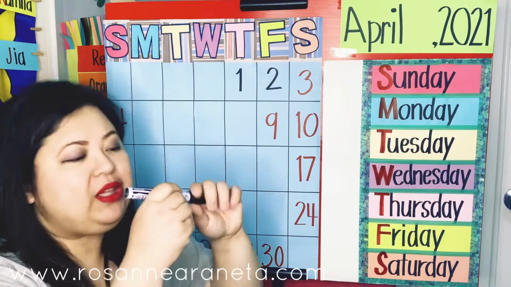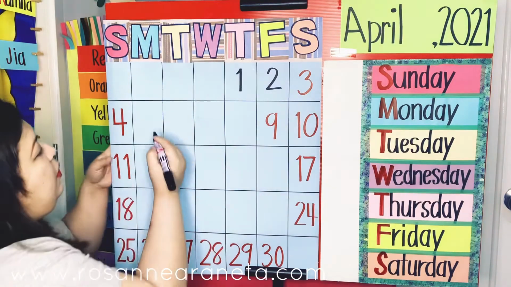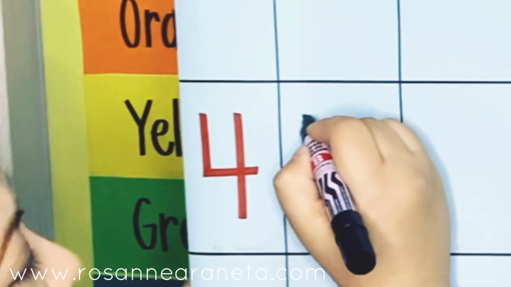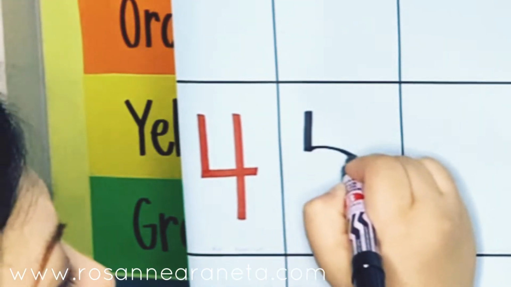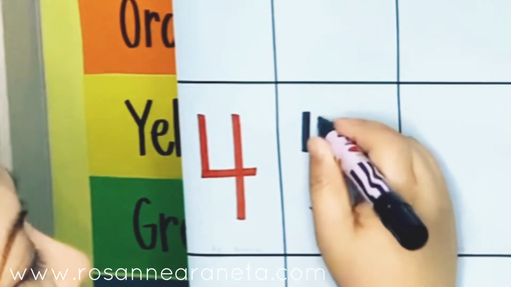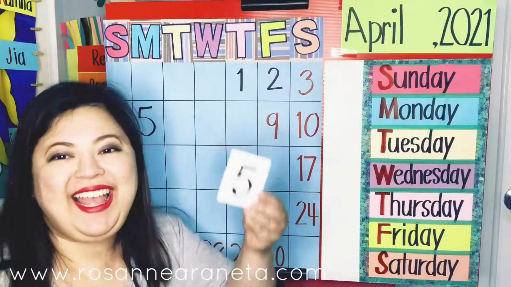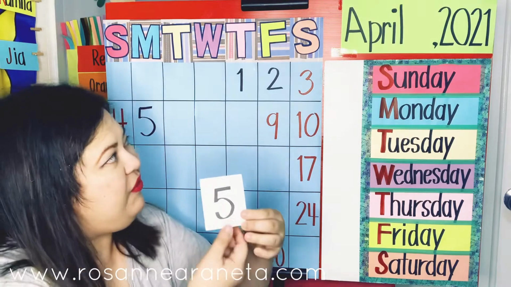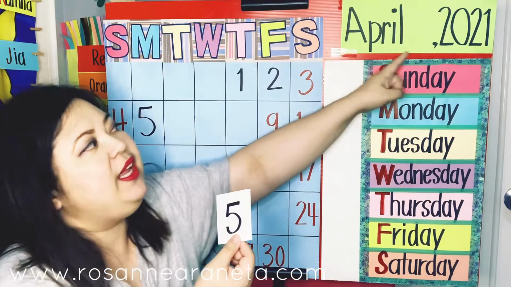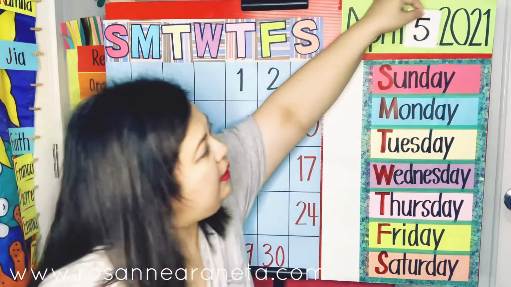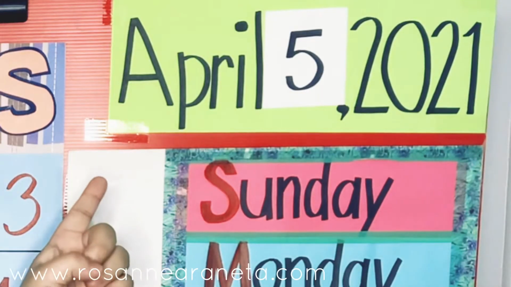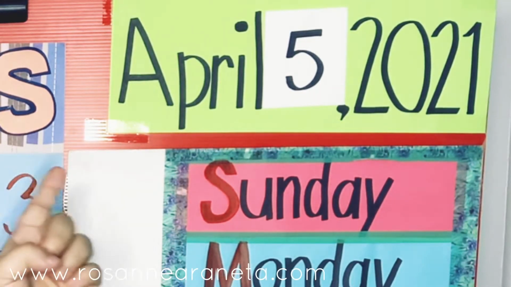Now, I'm going to write it with a black marker. Here we go. Watch. It's down, around, and out. I'm going to place number 5 in between the month April and the year 2021. And just like that, we have the date for today.